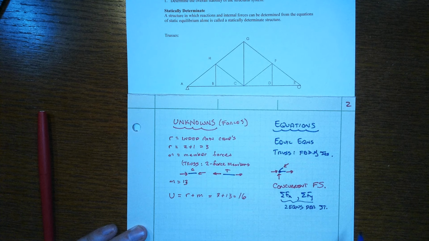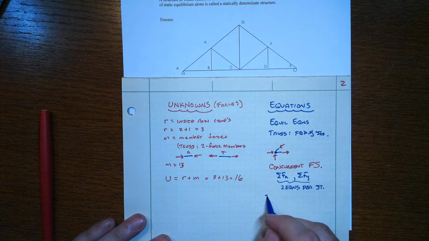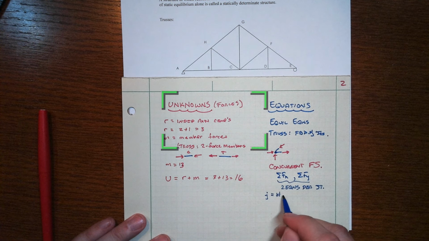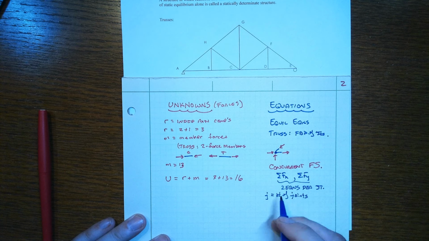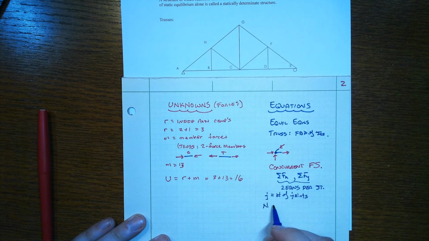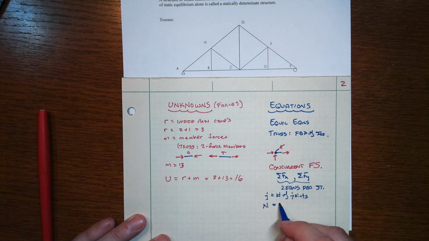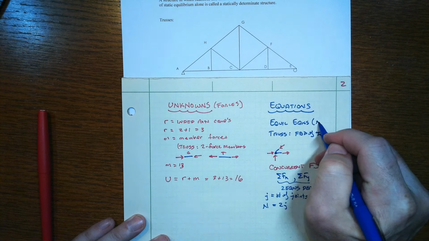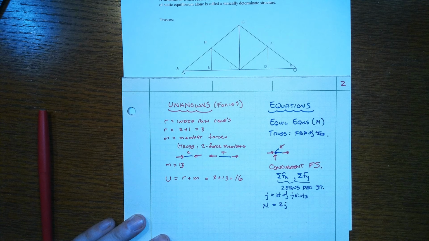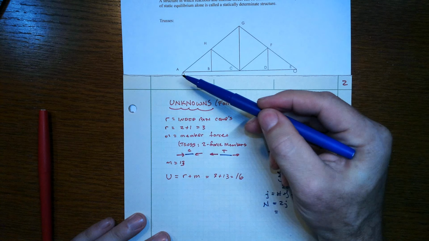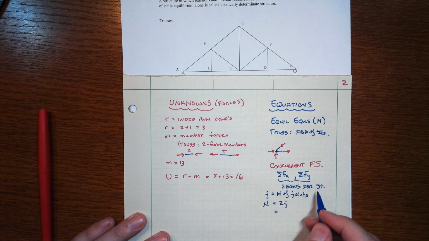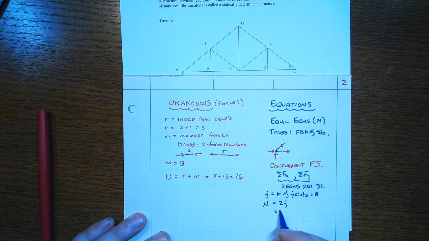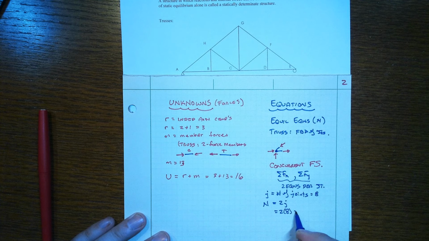If J is our number of joints in the structure, then our number of equations of equilibrium would be 2 times J. In our case, we have 1, 2, 3, 4, 5, 6, 7, 8 joints, so J equals 8. 2J is 2 times 8, which is, of course, 16.